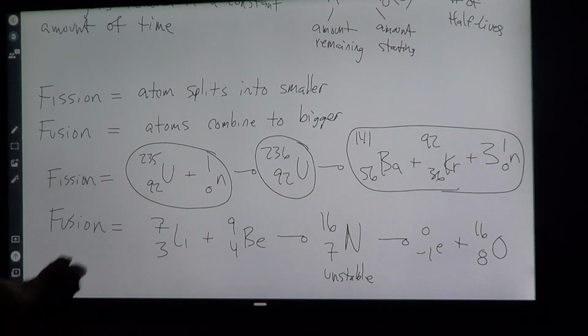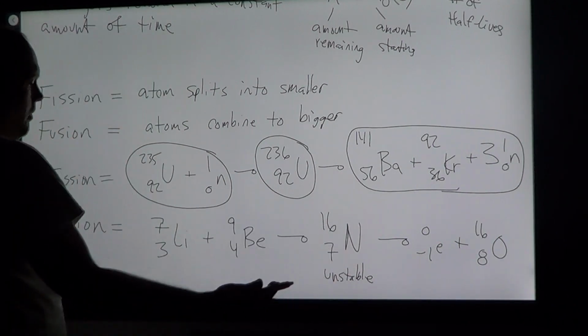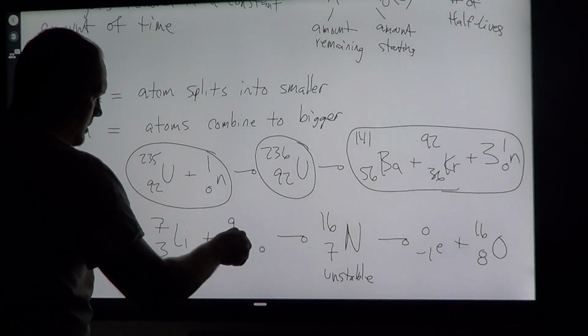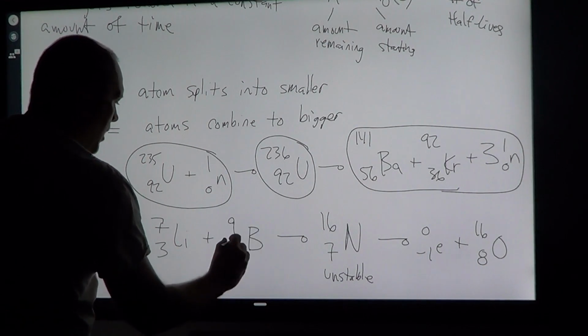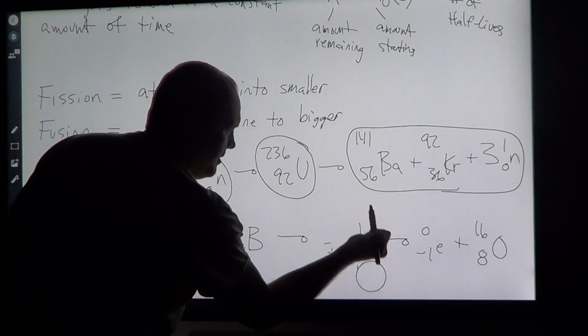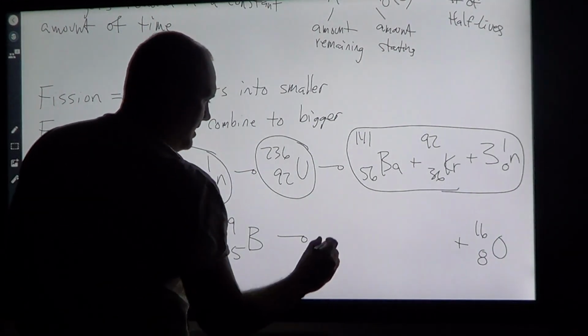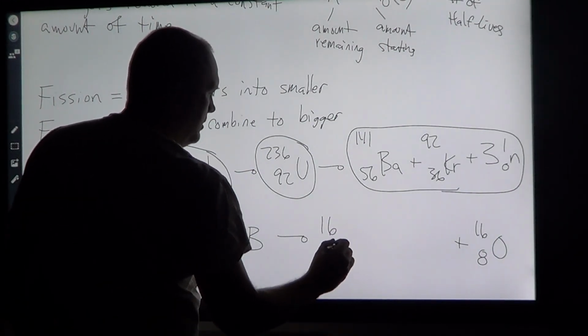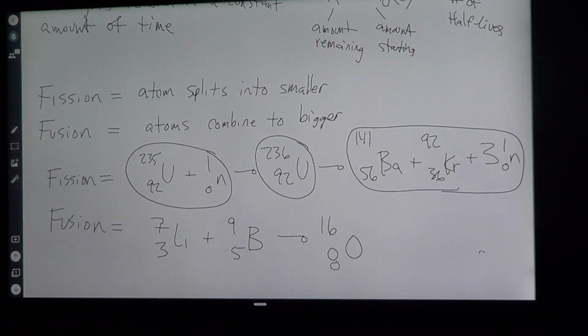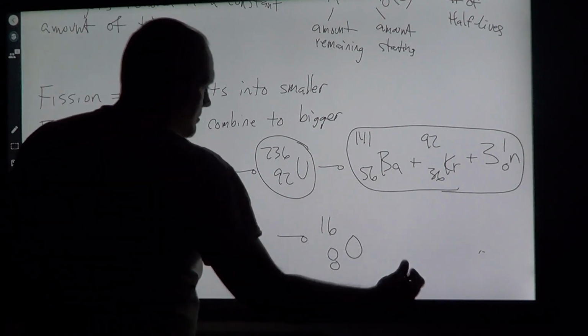So again, you can create unstable nuclei, or if we had sandwiched a boron instead of a beryllium, then we would skip this unstable nucleus and just create a stable oxygen atom. But none of the rules change. You've got to have the same number of protons and the same number of neutrons left to right.